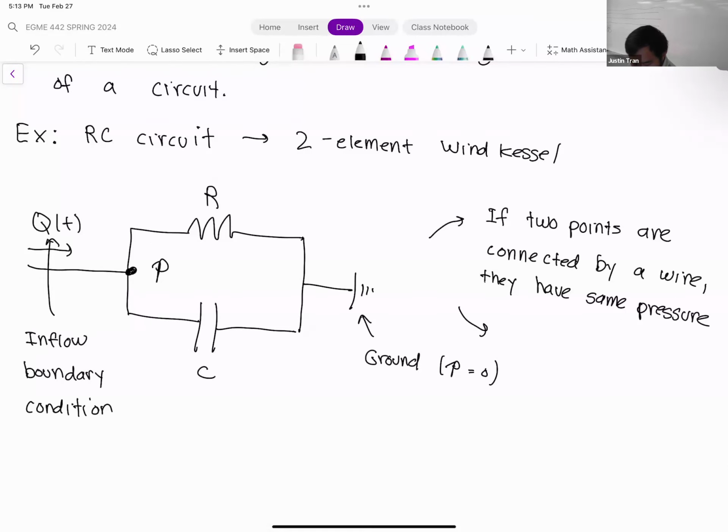The process of deriving these equations, we're going to use Kirchhoff's current laws, or Kirchhoff circuit laws. I always spell his name wrong.